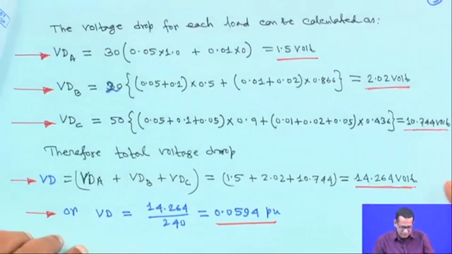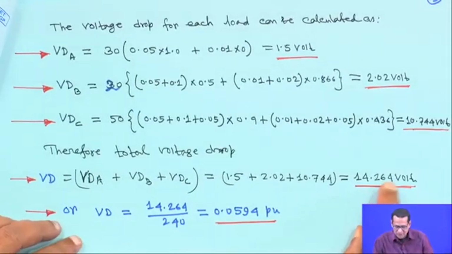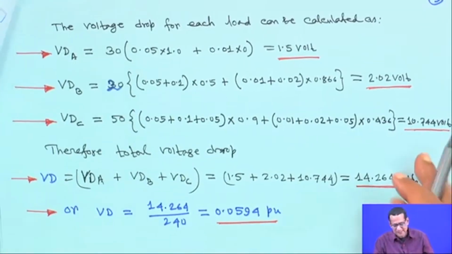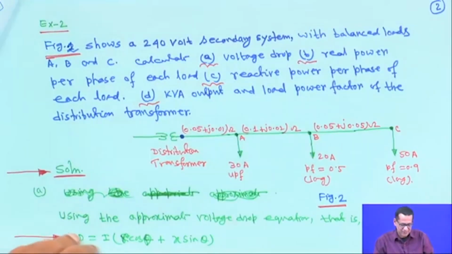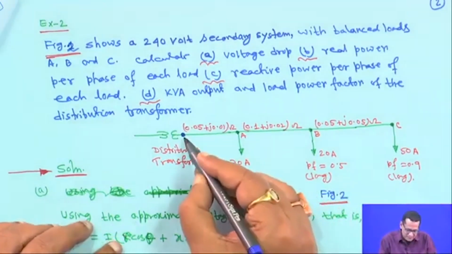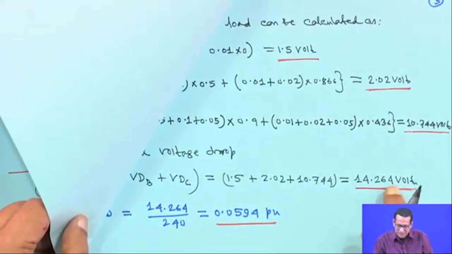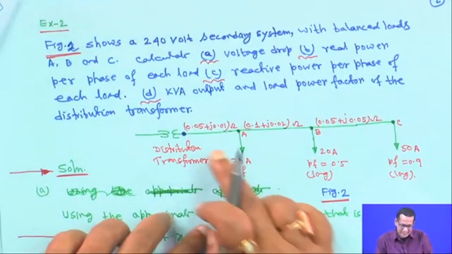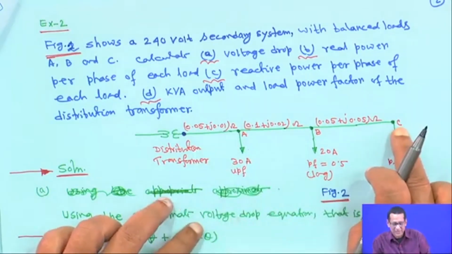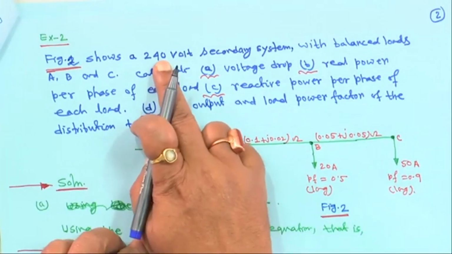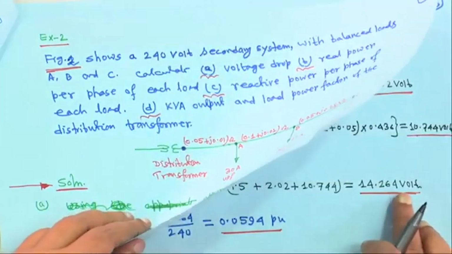So, the total voltage drop is 14.264 volt. At distribution, this is taking 240 volt just for your understanding. So, this point voltage is actually 240 volt, the secondary side of the transformer. That means the total voltage drop is 14.264, so at the tail end of the feeder, at point C, the voltage will be 240 minus 14.264.